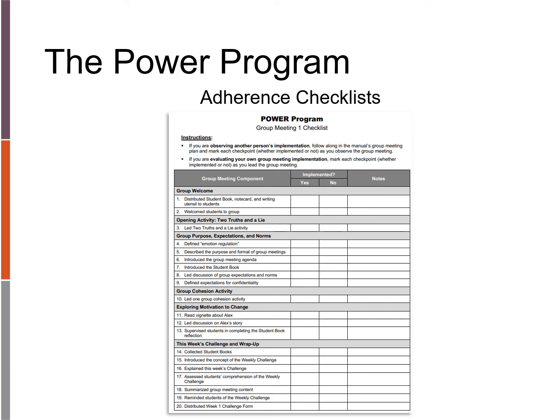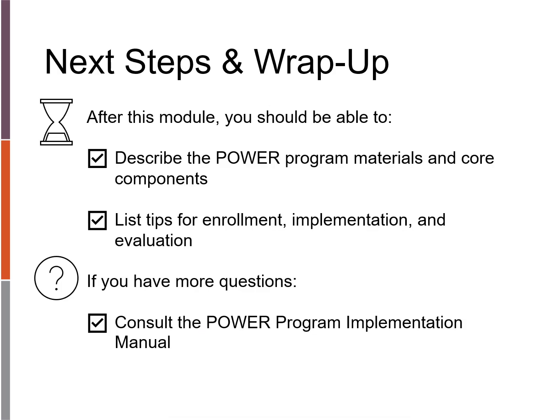The POWER program adherence checklist can be used to monitor and evaluate intervention implementation. These checklists can be completed by POWER program group meeting facilitators as a self-assessment tool or by other school-based professionals as an observation tool. That takes us to the end of our module.